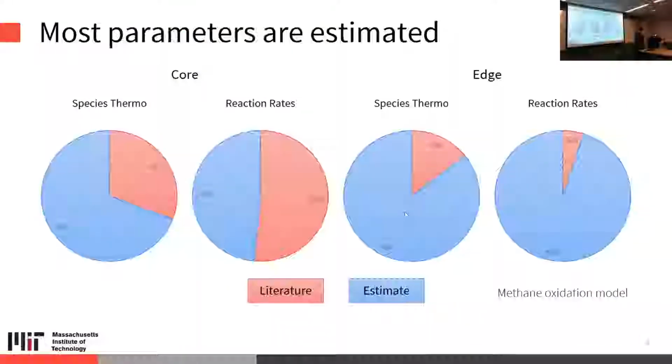So I guess to start, just to give you an idea, this is an analysis of the methane oxidation model that Jim showed this morning, and to give you an idea of what fraction of the parameters are from known sources versus RMG estimates. As you can see, in the core, a decent fraction is from literature.